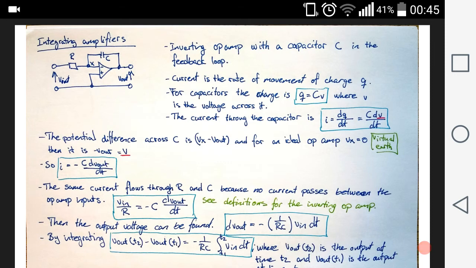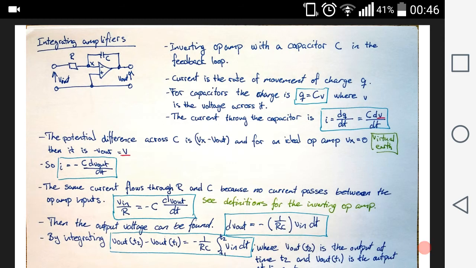And then the potential difference across the capacitor C is equal to the negative output voltage, because you have an inverting amplifier. So now we can say that the current through the capacitor is equal to minus the capacitance times the change in output voltage divided by the change in time, or the derivative of time, should we say.